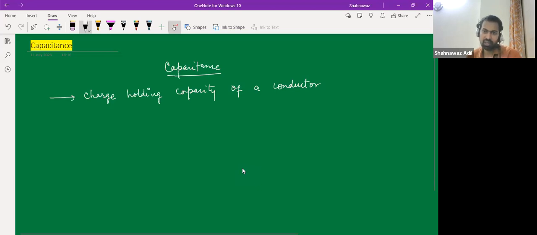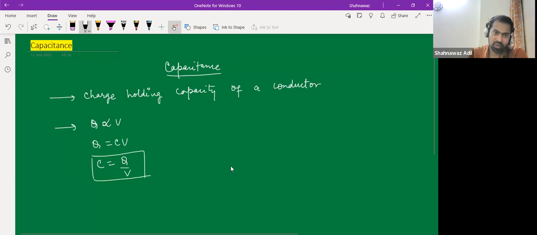When we plot the graph, Q is directly proportional to V. When we remove this proportionality, we get C, which is Q by V. So this constant is called the capacitance.